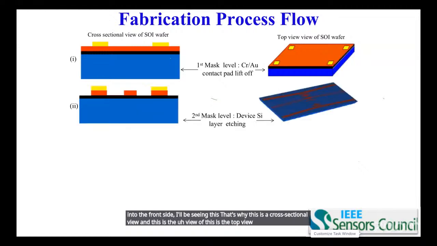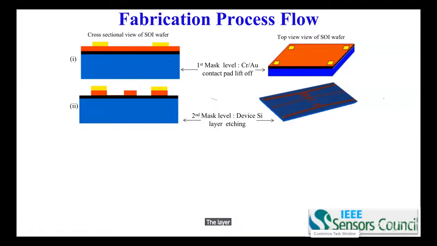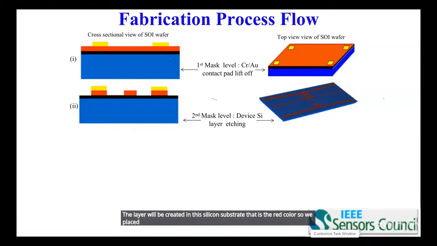So the first mask, the second mask is my device layer. Remember the device, so the entire structure will be formed in terms of a mask layer. This will be created in the silicon substrate, that is the red color. So the metal is deposited, as you can see in the figure. And secondly, the silicon is patterned.